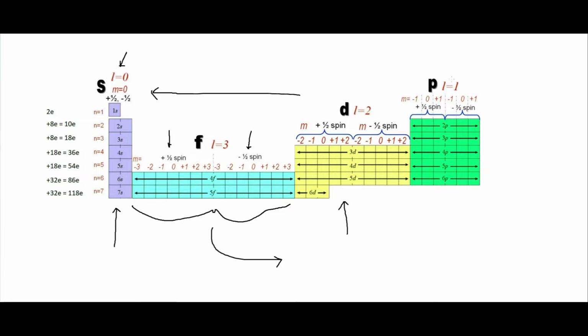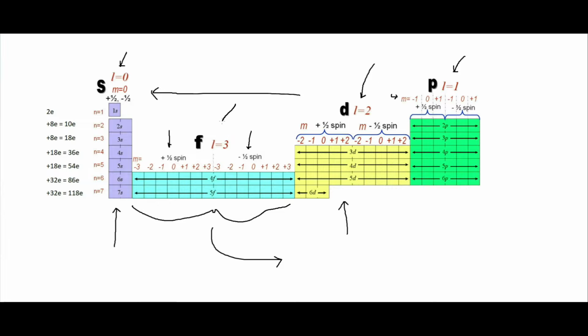And then over here we have L equals 1, and therefore M can go between -1 and +1. And we see that this happens twice because we have the two spins. Then we have L equals 2, and so M can range between -2 and +2.